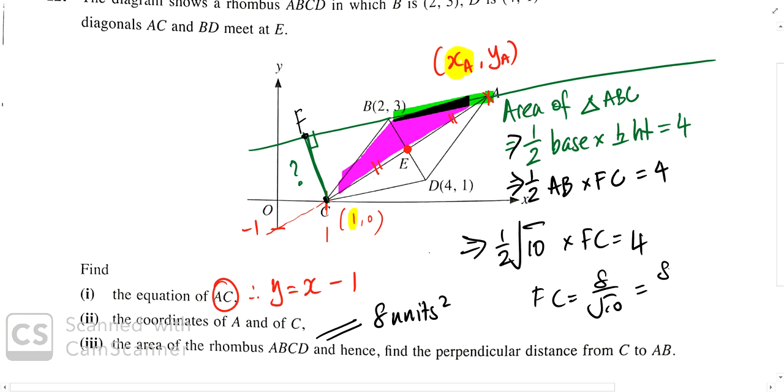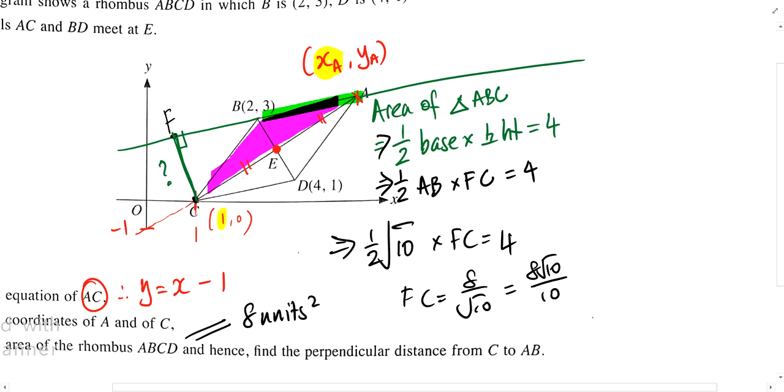So we get 8 square root 10 over 10. Then, should we leave it like this? This is the answer.